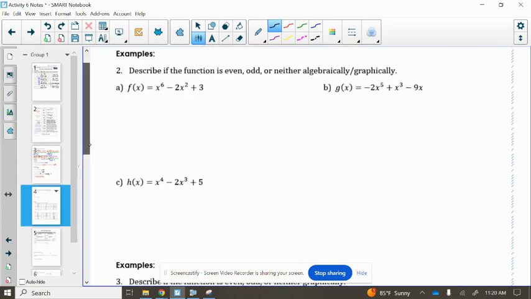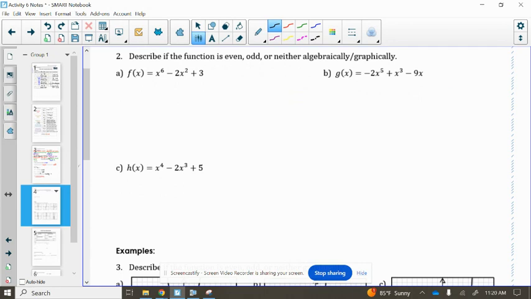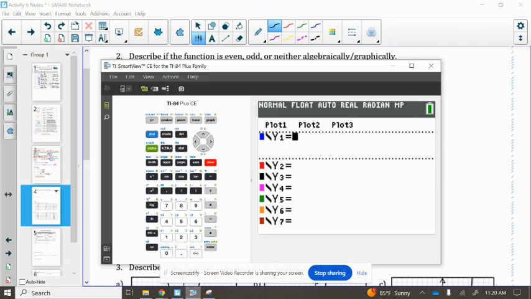So if we look at these first couple examples, we could test out whether these are even or odd by looking at these graphs and testing that symmetry. So here we have x to the 6th power minus 2x to the 2nd power, plus 3.